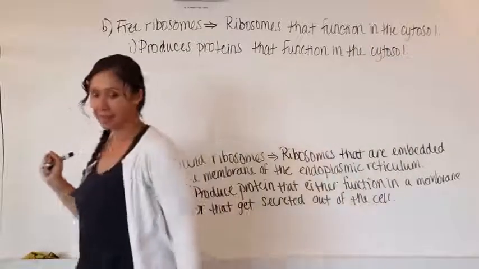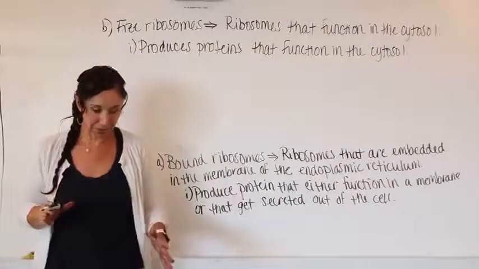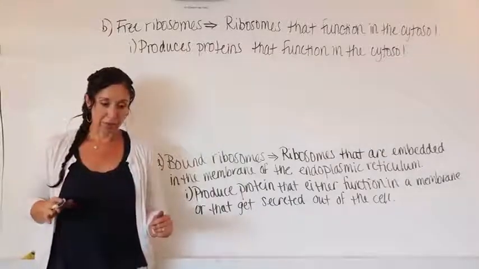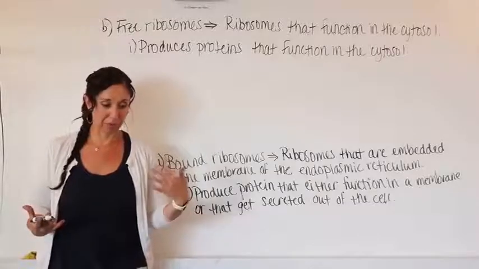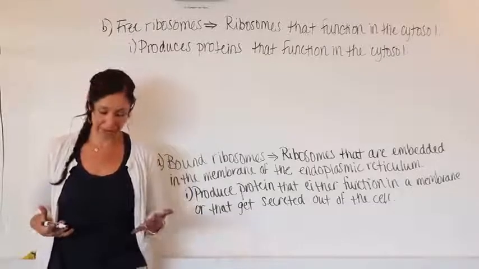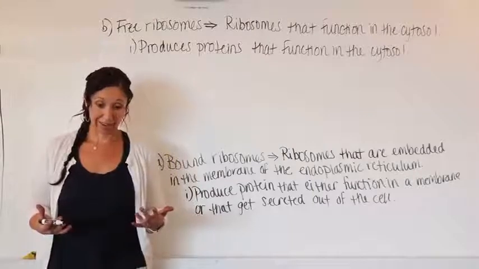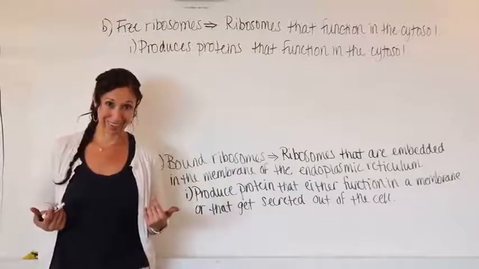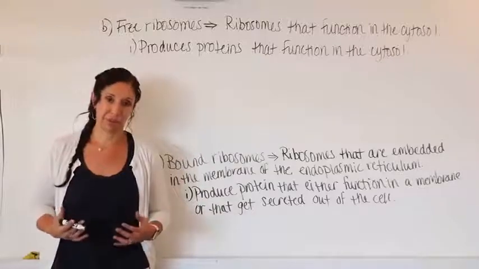All right. So I want you to think about it. Let's pretend I'm going to ask you, would this type of protein be made from a free ribosome or from a bound ribosome? Okay. So let's go back to our last section. What if I needed an aquaporin to be made?